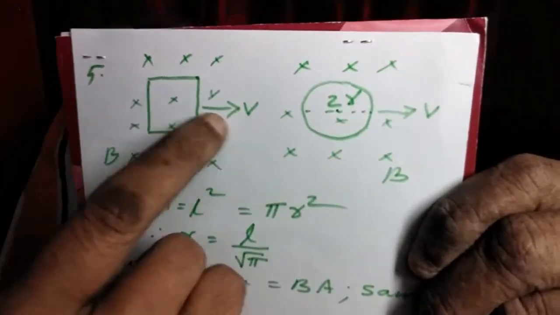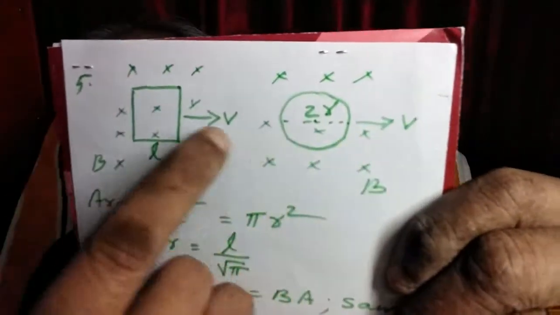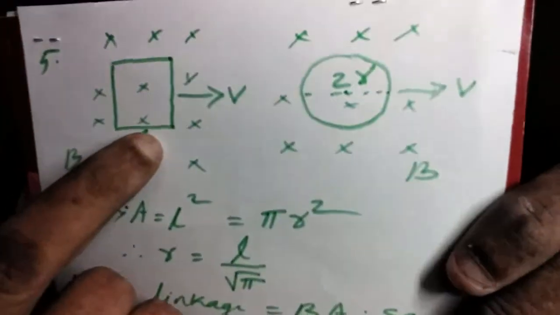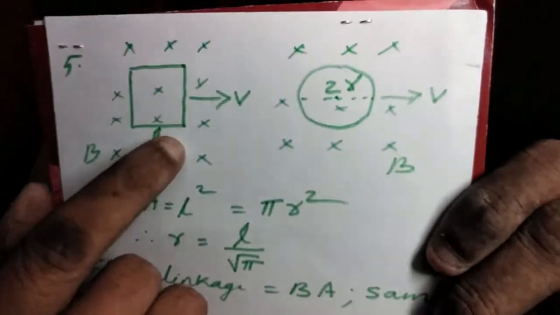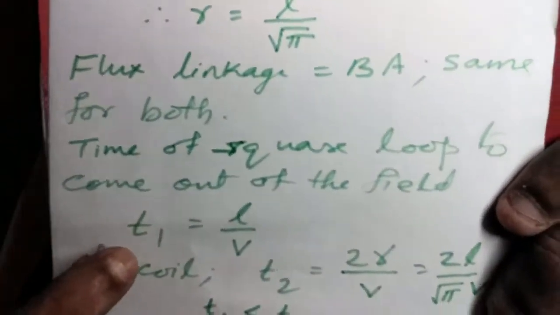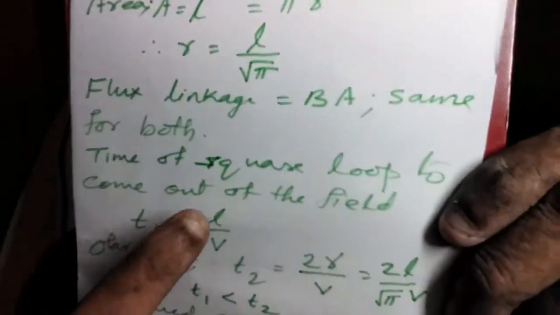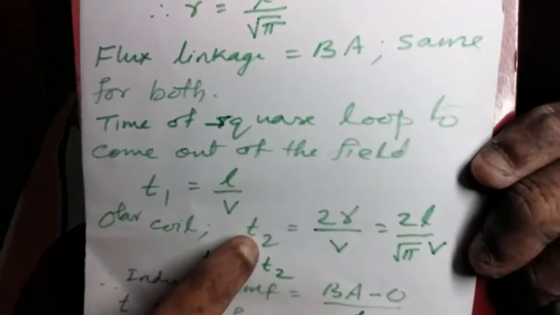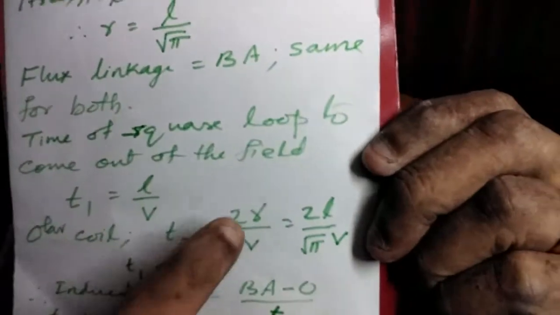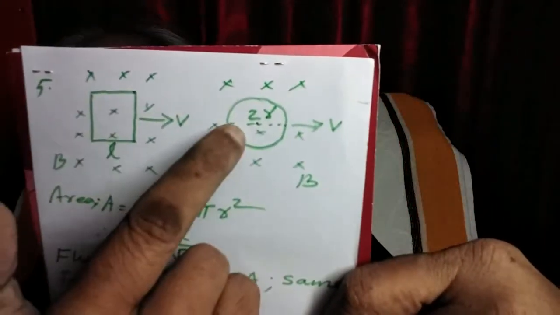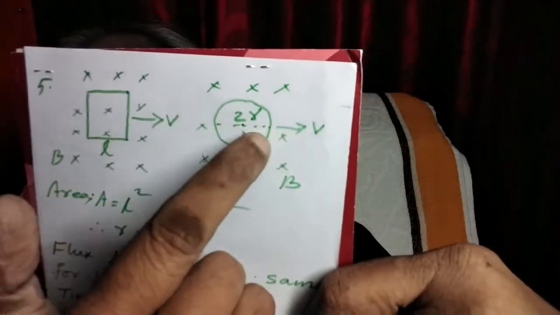Both loops have the same velocity, so we can find the time required to pull them out of the field. Time for the square loop, T1 equals L by V, distance by velocity. Time for the circular loop, T2 equals 2r by V. The distance must be equal to the diameter, then only the loop will come out of the field.